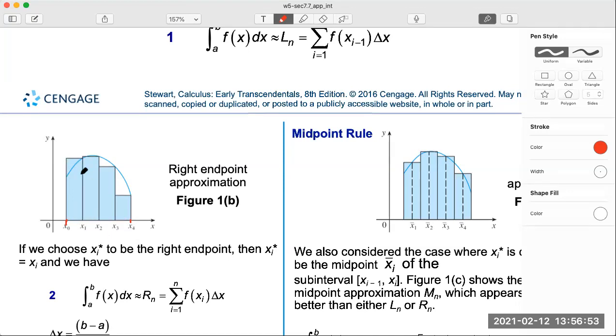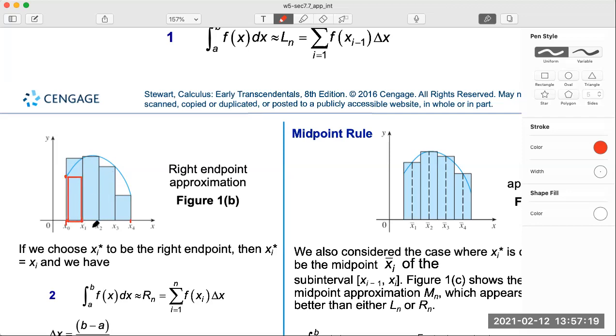If xi* is the left endpoint of each interval, then in this interval the left endpoint is this one, and the rectangle will be this.